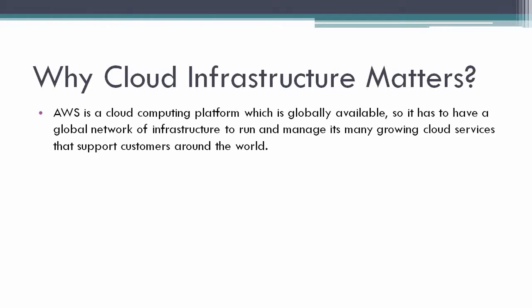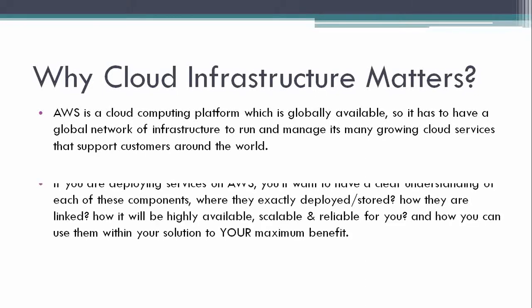AWS is a cloud computing platform which is globally available. So it has to have a global network of infrastructure to run and manage its many growing cloud services that support customers around the world. As you know, AWS is a cloud computing platform and it is globally available, so its infrastructure also spans across the globe.